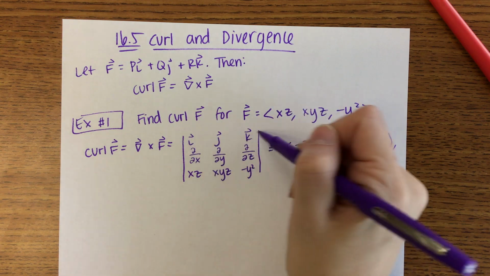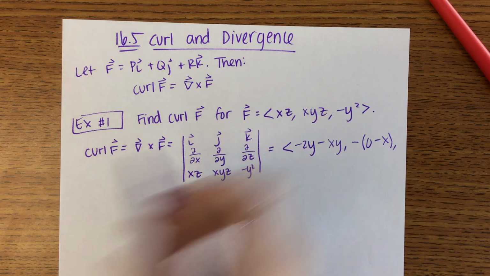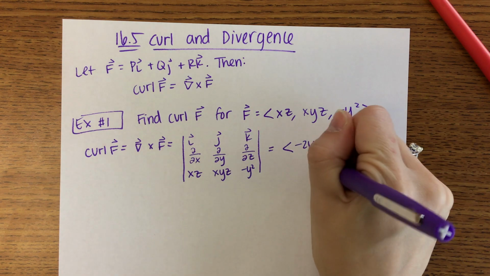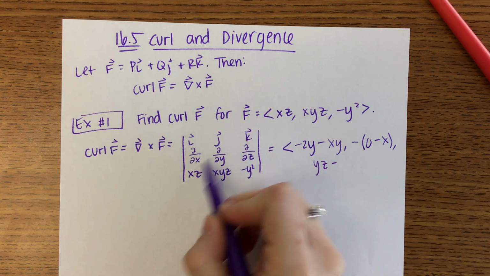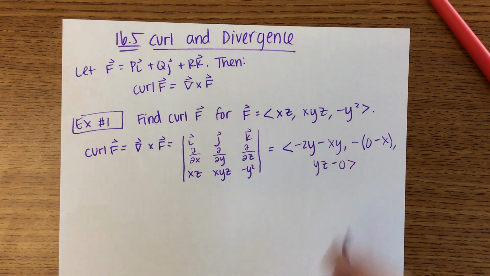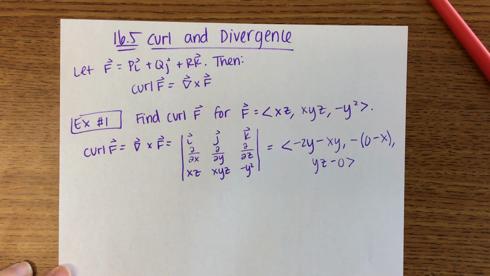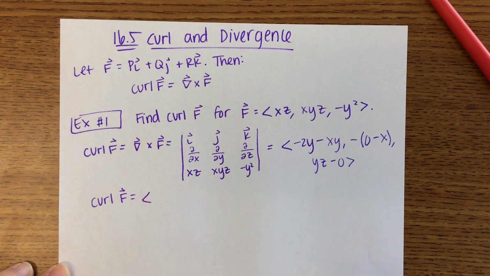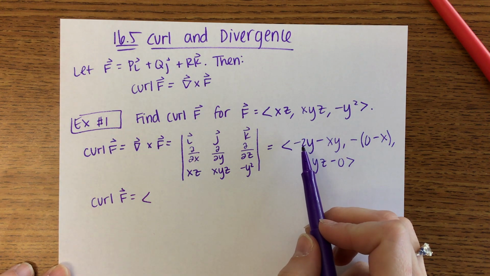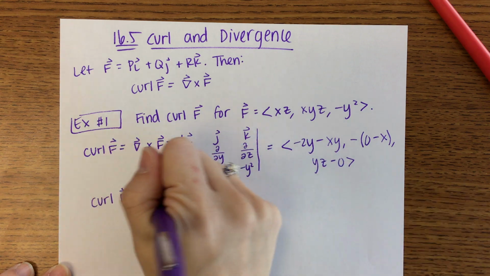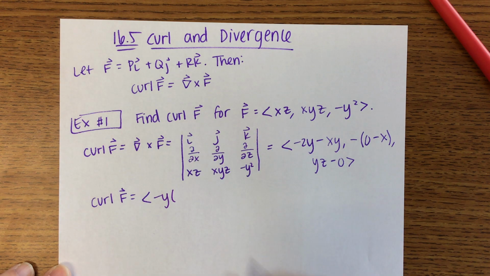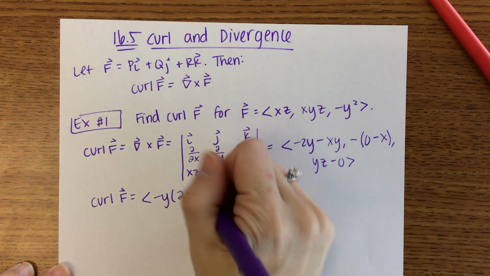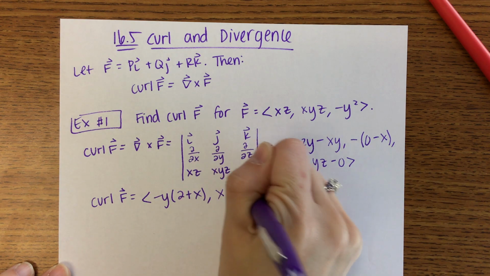Then we ignore the row and column that k comes in. Partial with respect to x, we get yz, minus partial with respect to y, which is 0. So our curl of F will be, I'm going to factor out a negative y, you don't have to, negative y, we have 2 add x, then we just have x, and then we have yz.